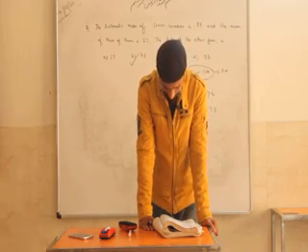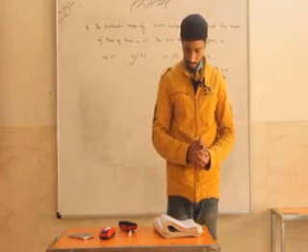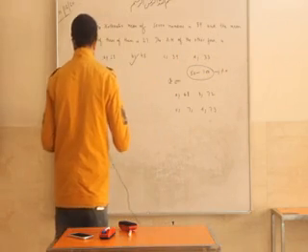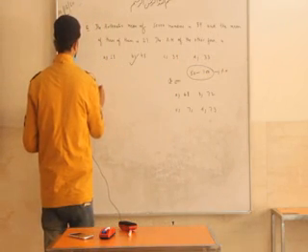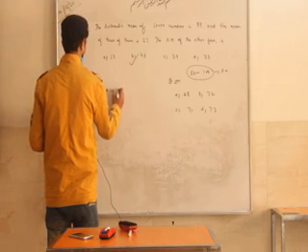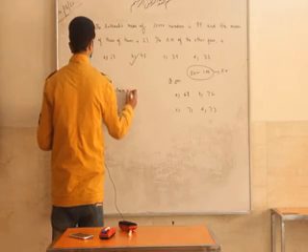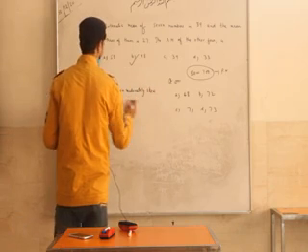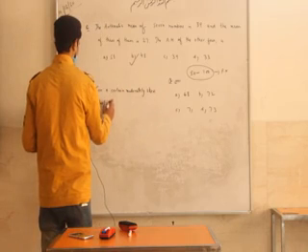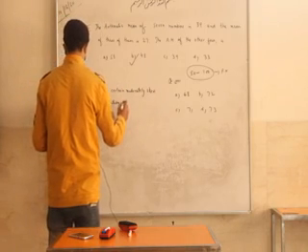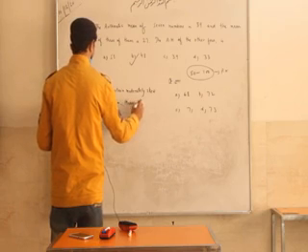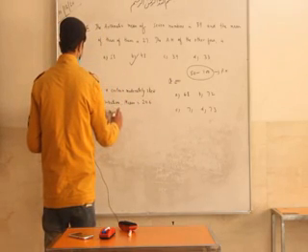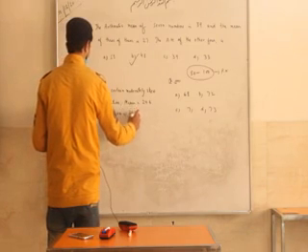Next question: for a certain moderately skewed distribution, the mean equals 24.6 and the median equals 26.1.